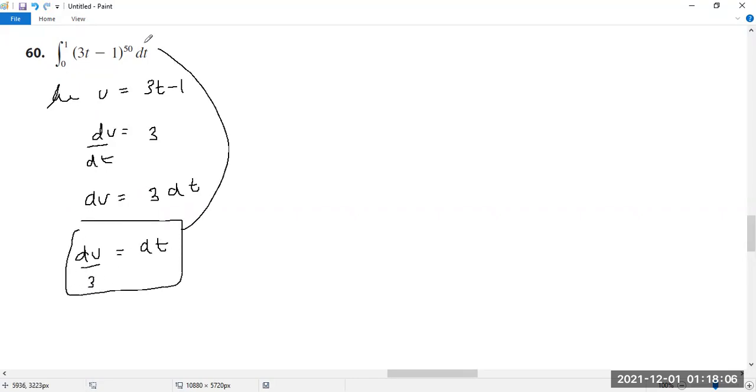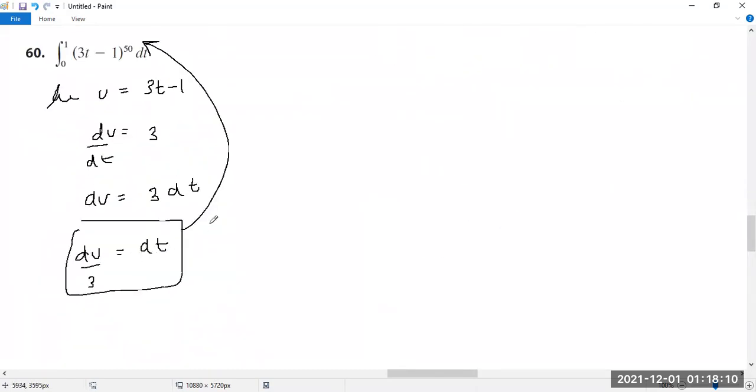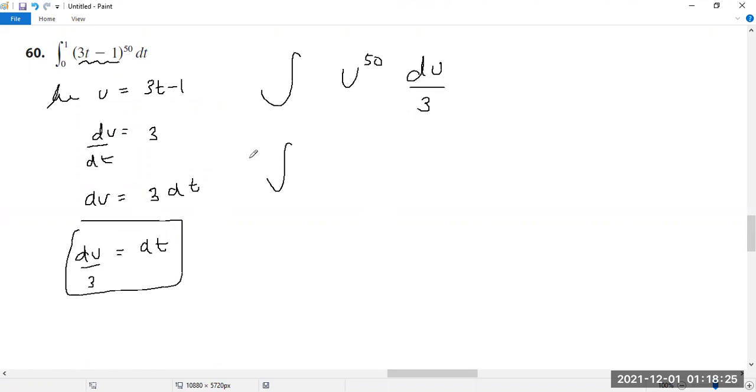So we can then replace the dt by du over 3, and then the u can essentially take the place of all this. So this will just be u to the 50th du over 3, right? Which is the same thing as 1 over 3 u to the 50 du, which is 1 over 3 times u to the 51 over 51.